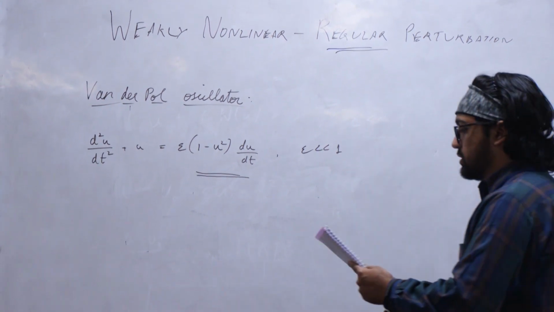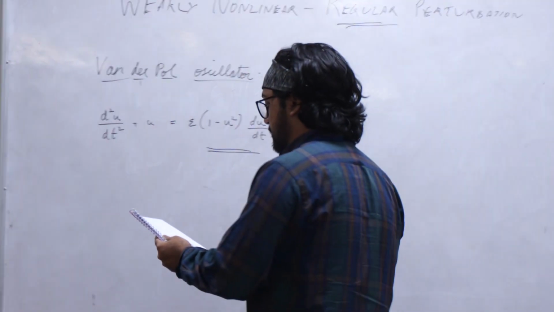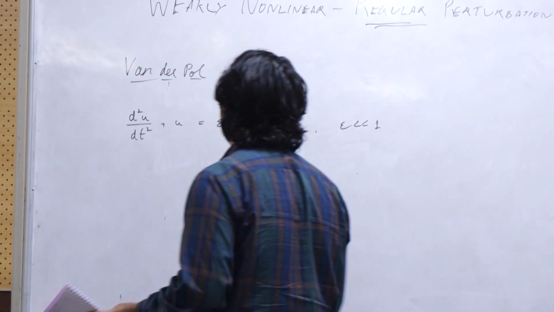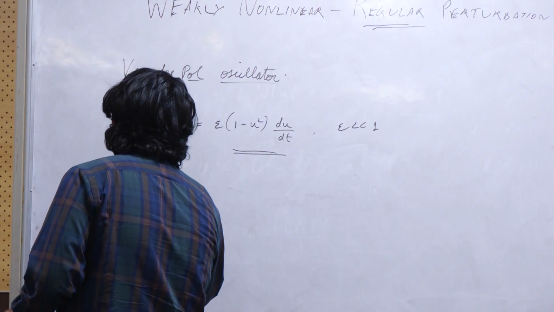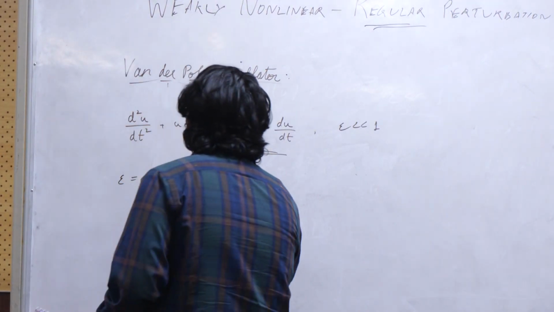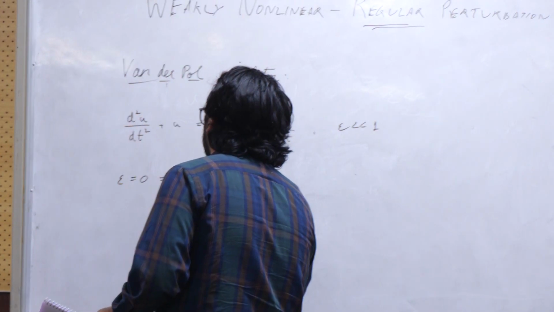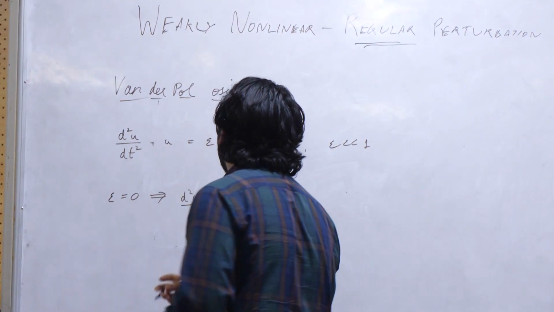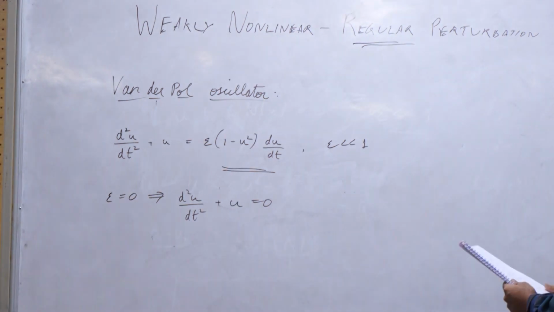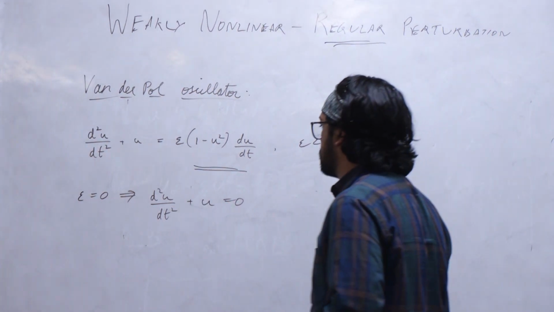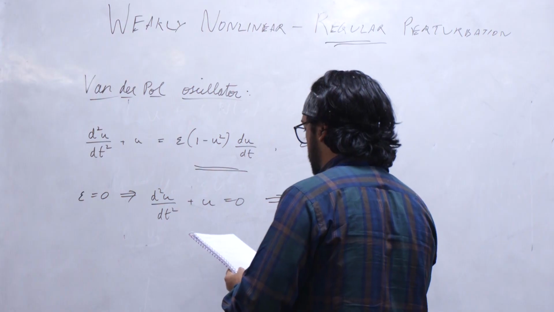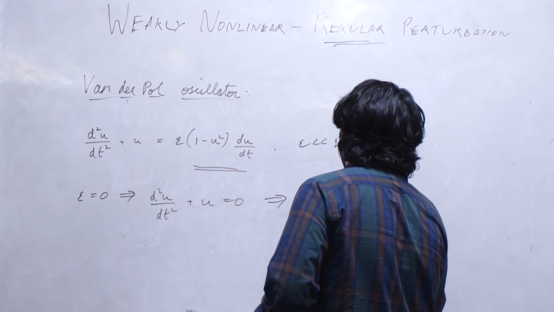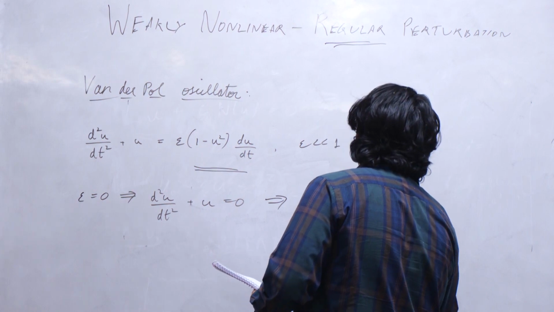Performing a similar analysis, we can obtain the linear case, when epsilon equals 0, we get the usual harmonic oscillator equation, and the solution to such an equation is given by u equals a cos of t plus phi.